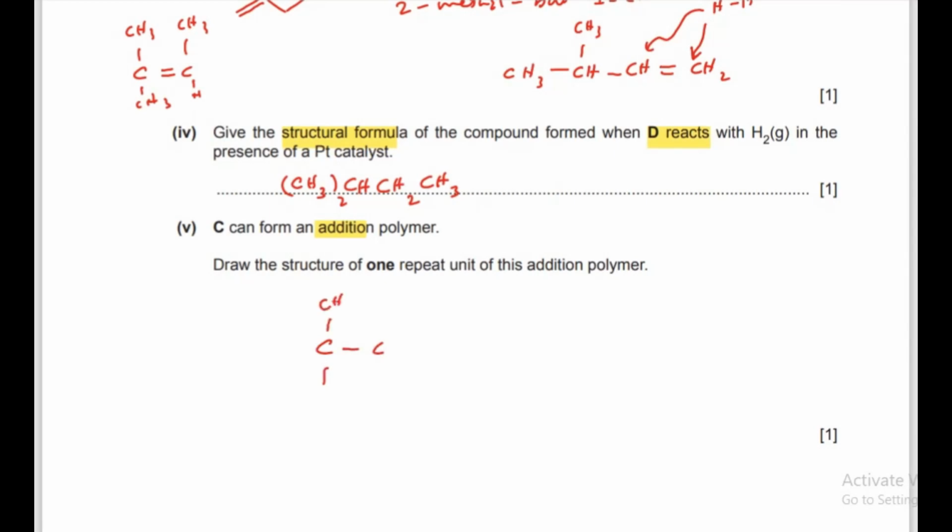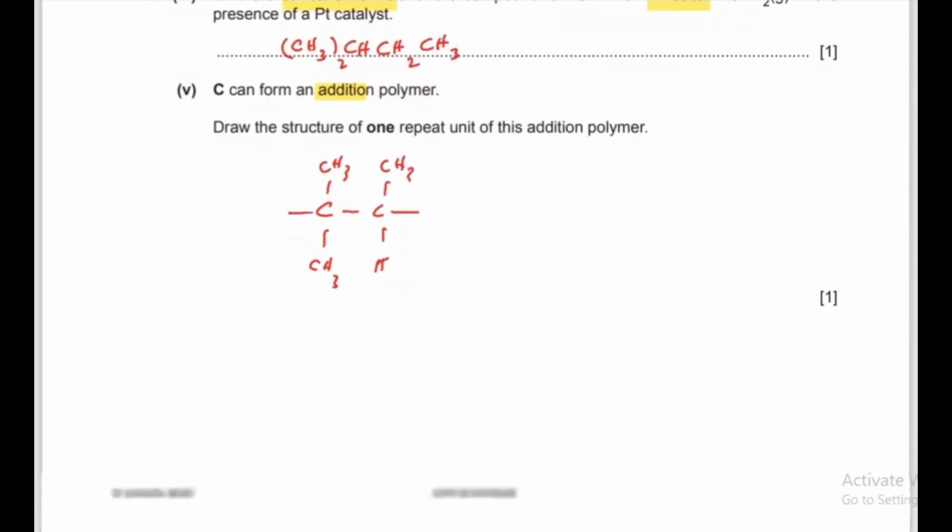The rest of the structure must be copied. So this is the structure, and you have to extend these carbons to make the one repeat unit of this compound.